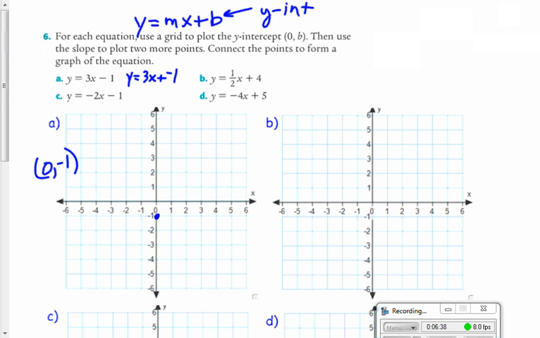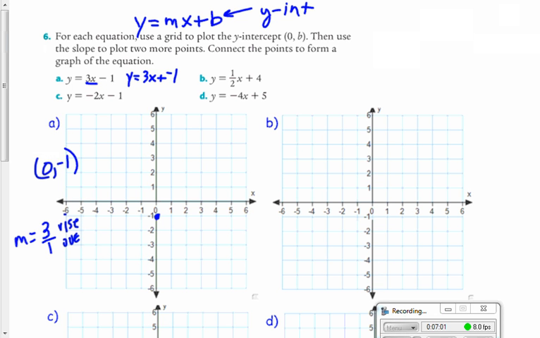We're going to plot that. That's right here. Now our slope is 3, which is the m part of the equation. And if I want to write that as a ratio, rise over run, that would be 3 over 1, where 3 is my rise. So I'm going to go up 3 and over 1, or 1 to the right.